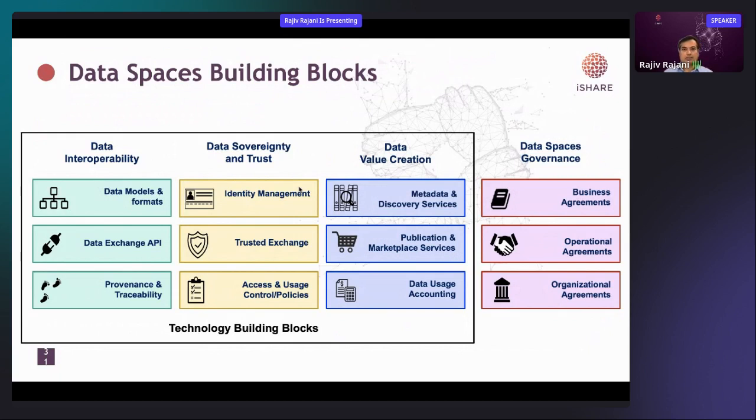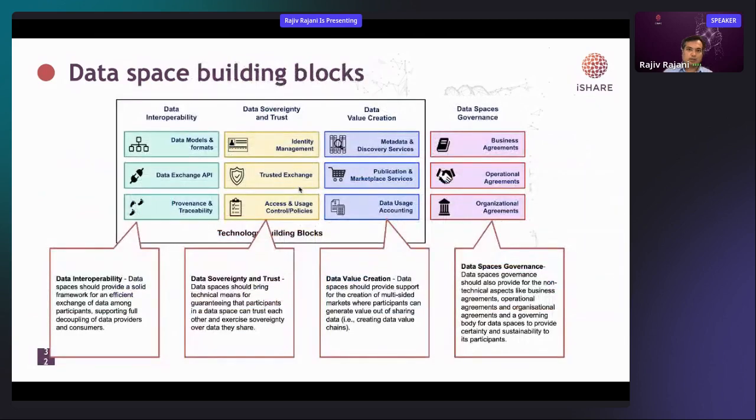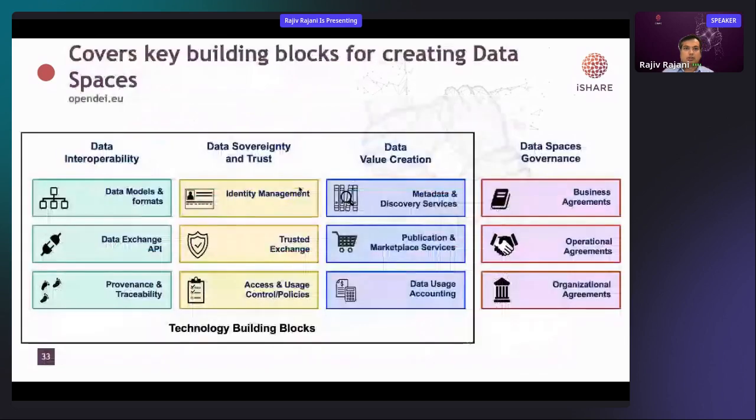Those elements are covered under this vertical. And last but not least is data space governance. The governance aspect, as I explained earlier, is very vital in any data space in order to make sure that the data space remains operational, and participants continue to abide by the rules and terms of use of a particular data space. This is just as I explained to you.